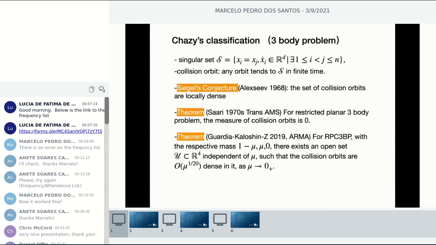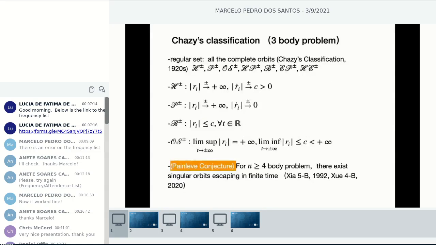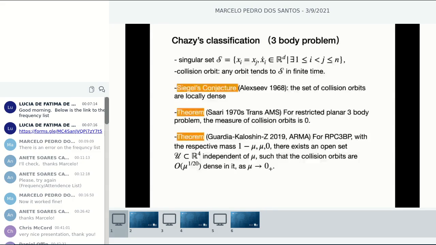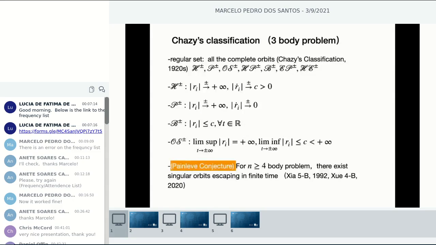So after we remove the singular set and collision orbits from the reduced phase space, the remaining part contains a regular set. It contains all the complete orbits, which implies the orbit exists for all time. Based on the Chazy classification, we can separate the regular orbits into the following cases. It depends on the limit state of the orbit.